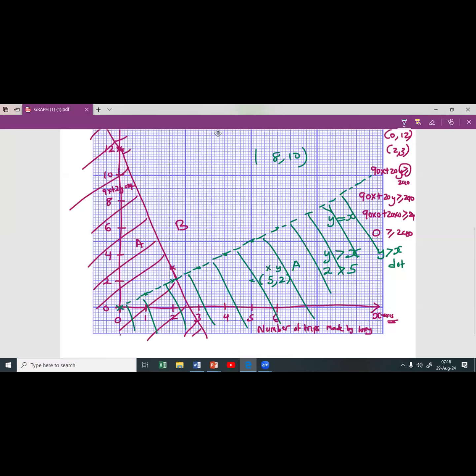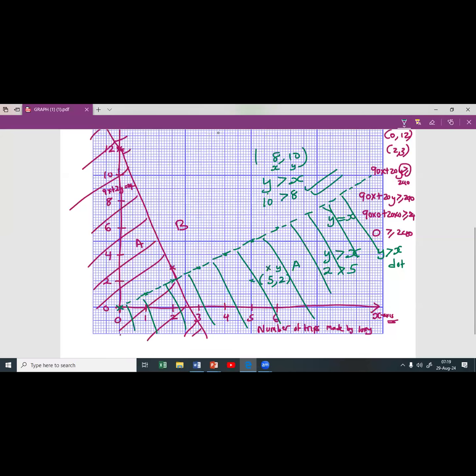So you'll find that they want y is greater than x. So this is x, this is y. So when you place it in the inequality you have plotted, this is 10 greater than 8. You ask, is 10 greater than 8? Yes. Now that one makes sense. So as long as the part you have chosen is making sense, that is the wanted region.